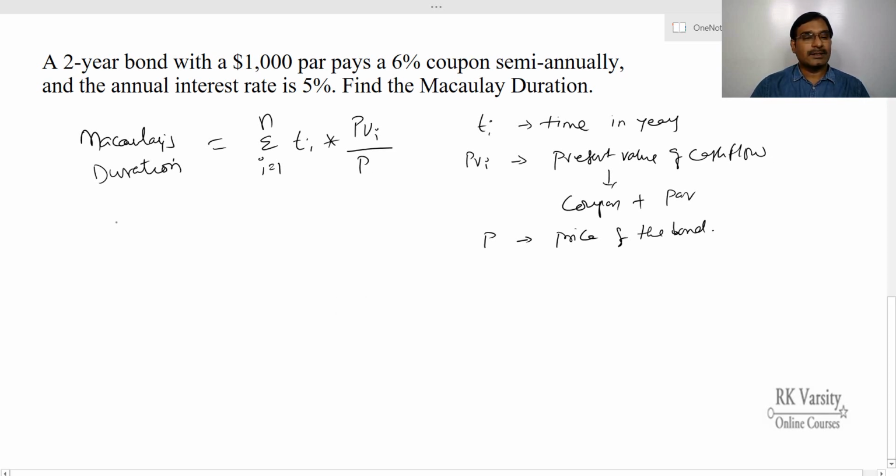Now here, this is a 2-year coupon bond and the par value is $1,000. The coupon rate is 6% per annum, and the yield to maturity, or annual interest rate, is 5% per annum. So first we calculate the coupon amount.